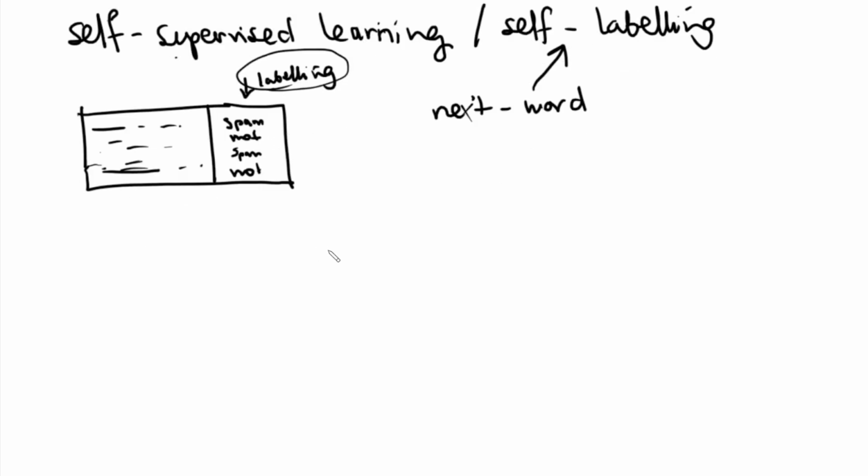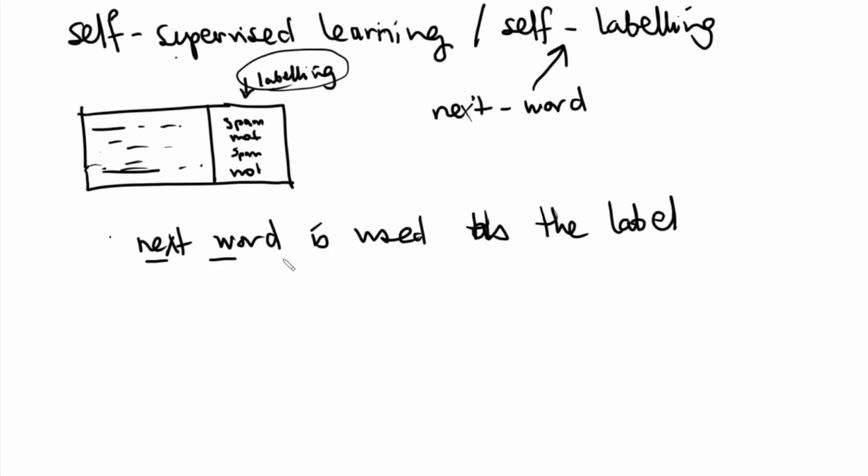We are going to use the structure of the data itself. What we're going to do is use the next word as the label.